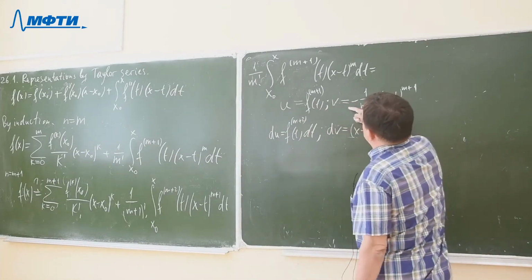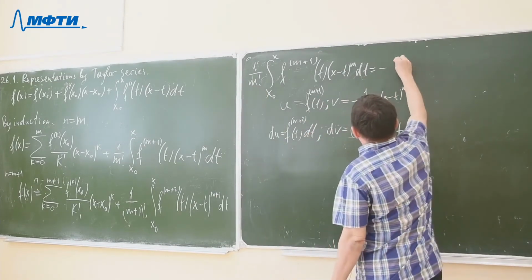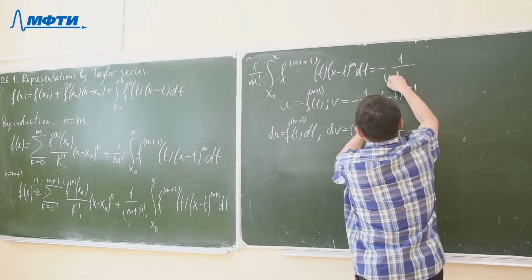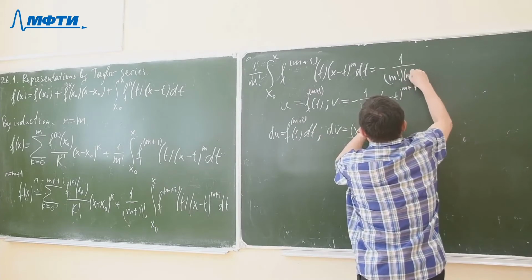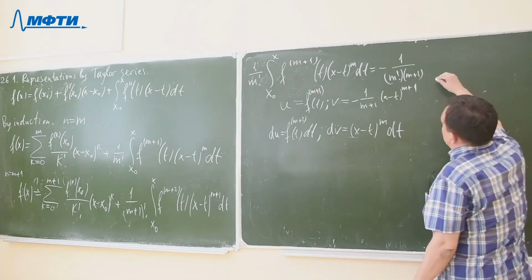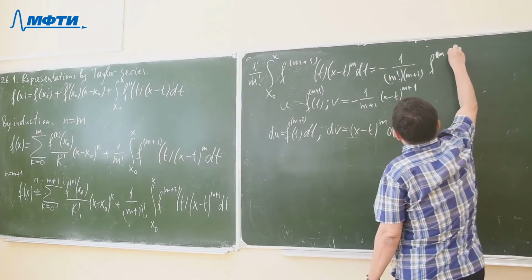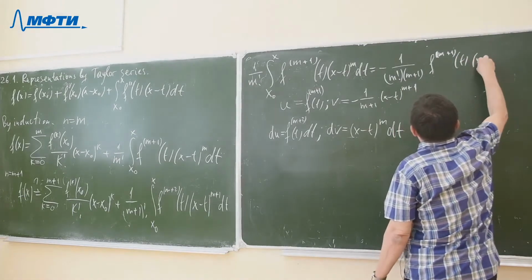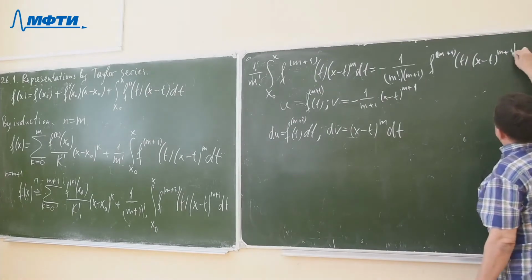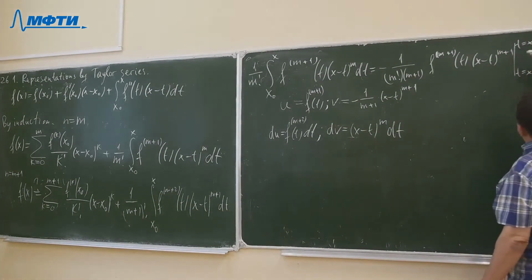And if we substitute, u times v, remember we have 1 over m factorial, it gives 1 over m plus 1 factorial times the derivative of order m plus 1 of t times x minus t to the power m plus 1, with substitution of t from x naught up to x.